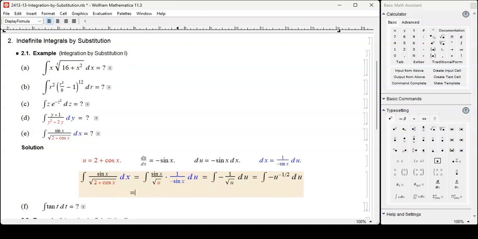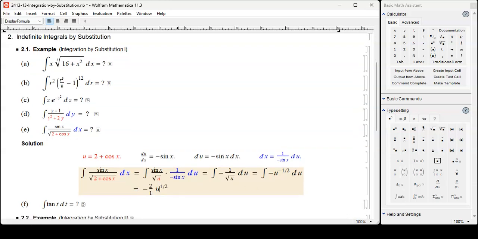So this antiderivative computation will become negative of u to the, well, add 1 to the power, and then you have to divide. So 2 over 1 plus 1/2. So this is negative 2, and what is u? 2 plus cosine of x to the 1/2 power. So this u is 2 plus cosine of x.